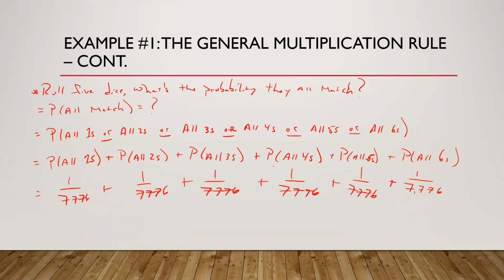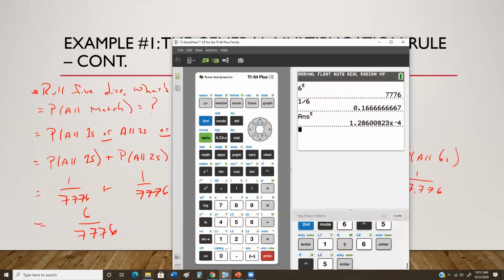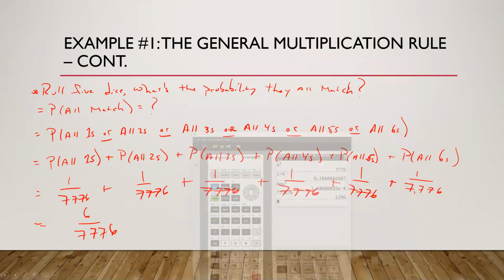So 1, 2, 3, 4, 5, 6: this is 6 out of 7,776, which simplifies to 1 in 1,296.